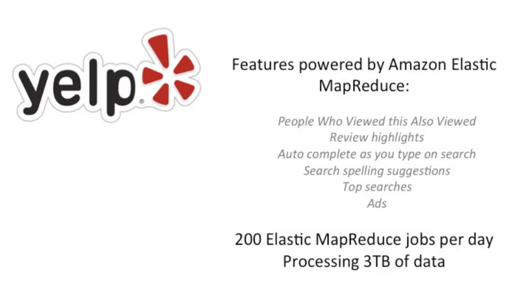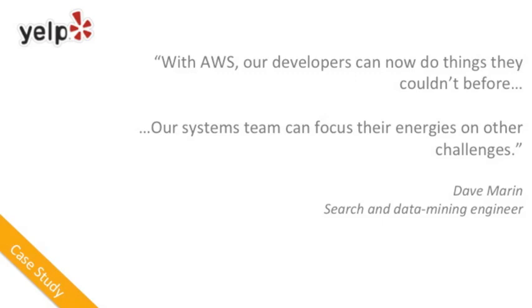So pre-generating things like people who viewed this also viewed that, taking review highlights that are being generated on their application, generating autocomplete lists for searching, correcting or producing commonly misspelled items so that they're able to better guide a user on their searches, and doing ads and placements. And with AWS, their search and data mining manager talks about their developers doing things they couldn't do before and allowing their team to focus their energies on their business challenges, not the technical challenges with managing things like Hadoop clusters.